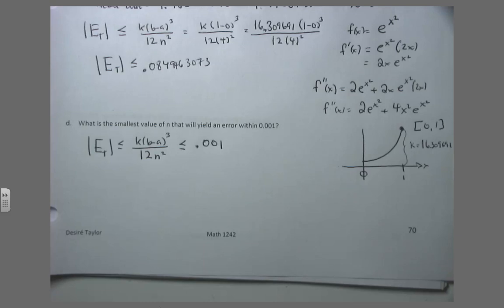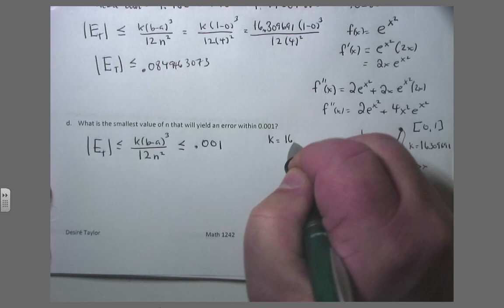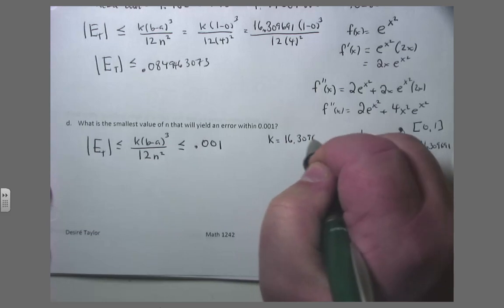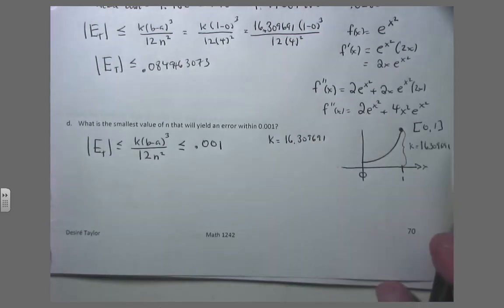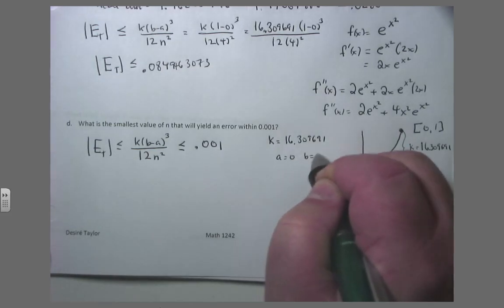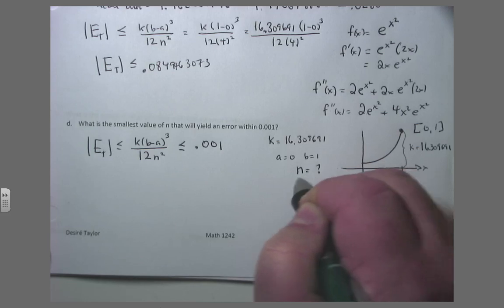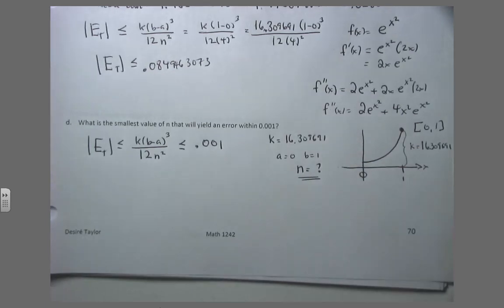Now again, in this problem, we know that K was equal to 16.309691. See the previous problem, that's where my K was. My a was equal to 0, my b was equal to 1. And the question is, how many n's do we really need to take out of this guy? I mean, look at it.